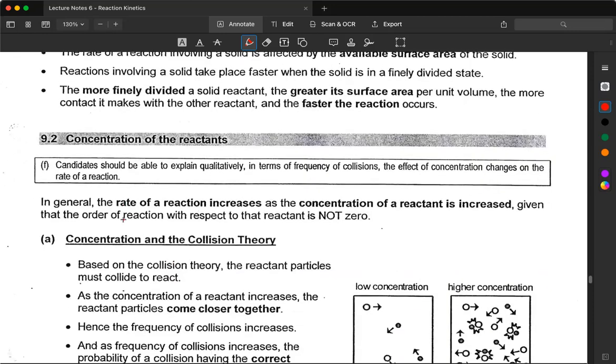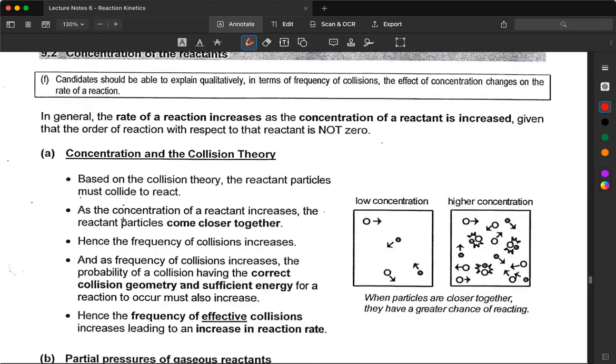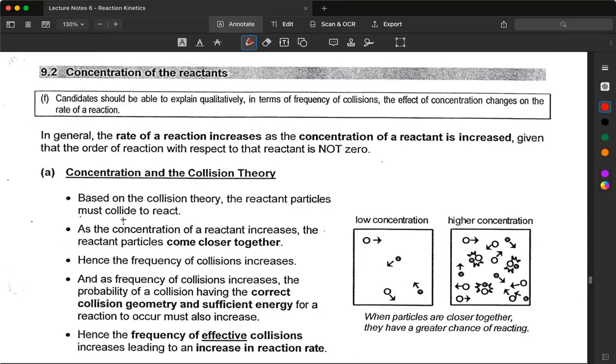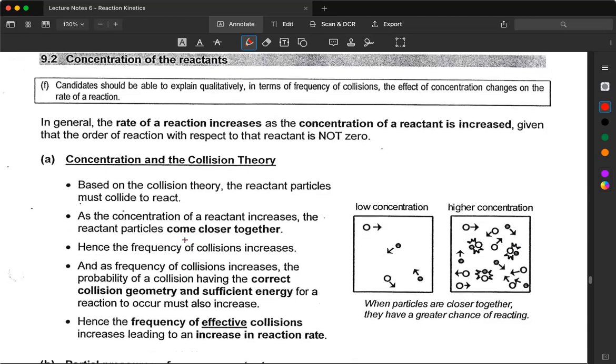Now, as for concentration, I'm not going to go through this in detail because you have covered this at O level. So basically, with higher concentration, reactants come closer together. There are more particles per unit volume. When that happens, the frequency of collision will increase.